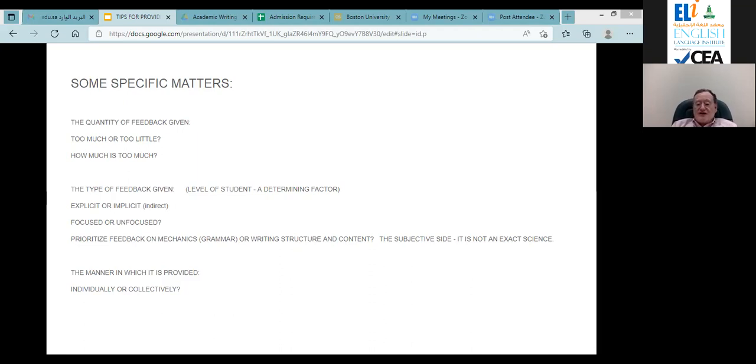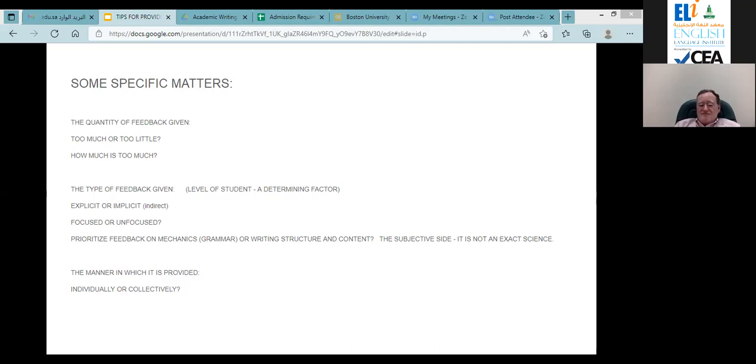If you use jargon like subject, verb, order, or preposition, does the student know these grammatical terms? And is it necessary that he or she know them? Be careful with them.